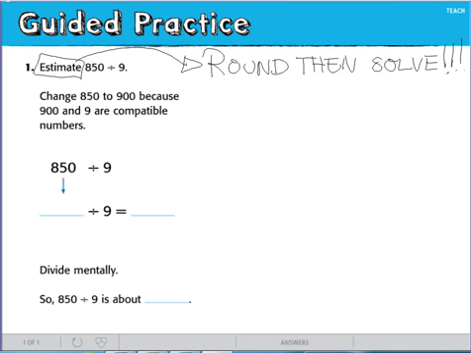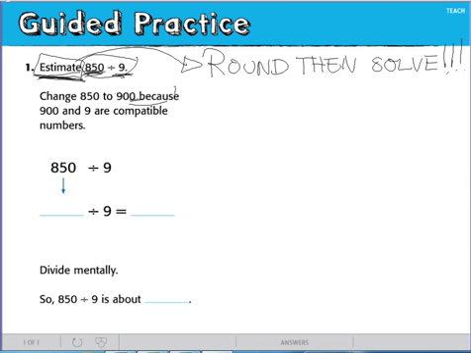For some strange reason, you guys think you solve and then round. You have to change the numbers, the dividend and the divisor, or just one, in order to make them easier to work with so you can come up with an estimate. You can't say, well, I'm going to solve this and then I'm going to round it. No. You round the numbers to numbers that are easy to work with and then you solve. Okay?